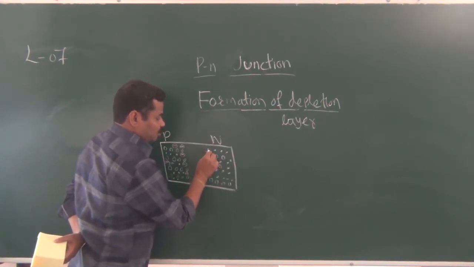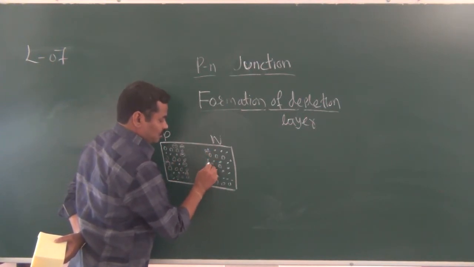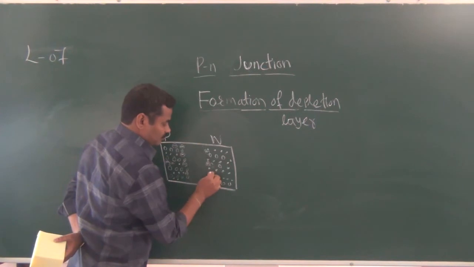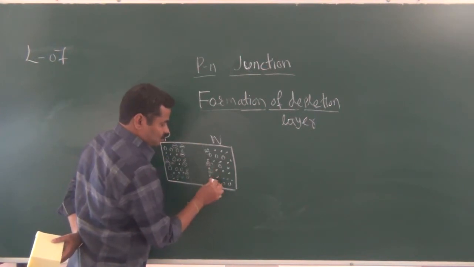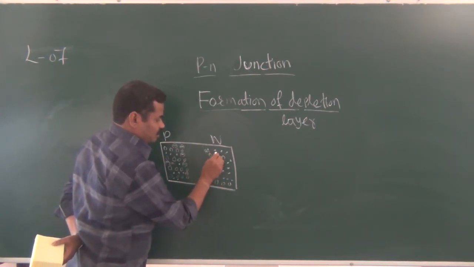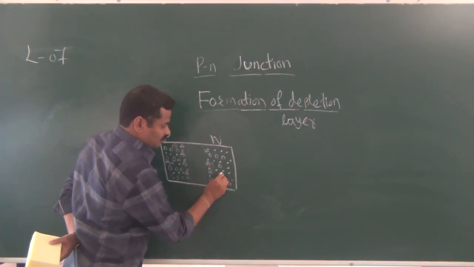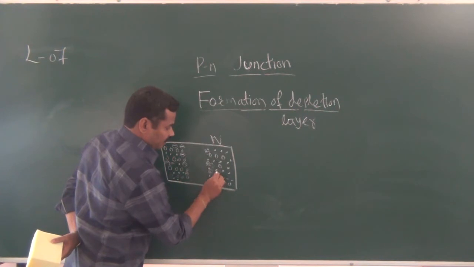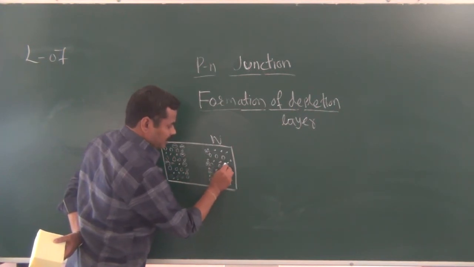And here also there are positive ions, called positive donor ions, because whenever you add a pentavalent impurity, that added impurity acts as a positive ion.